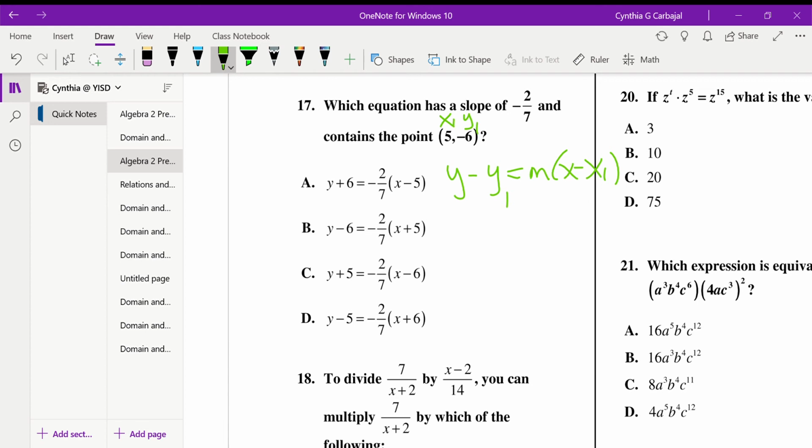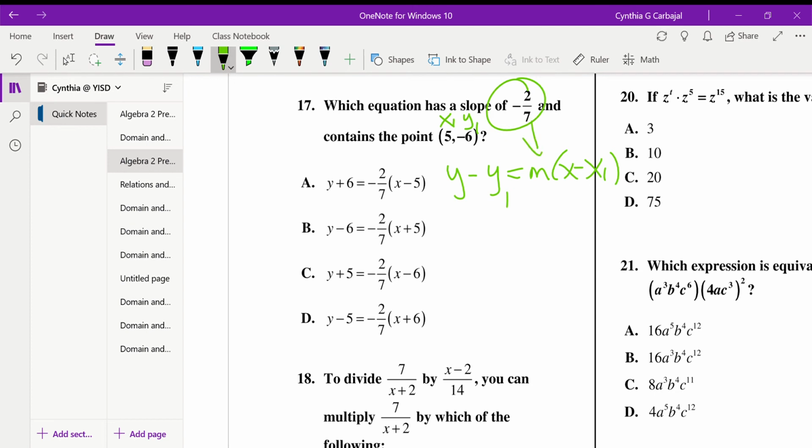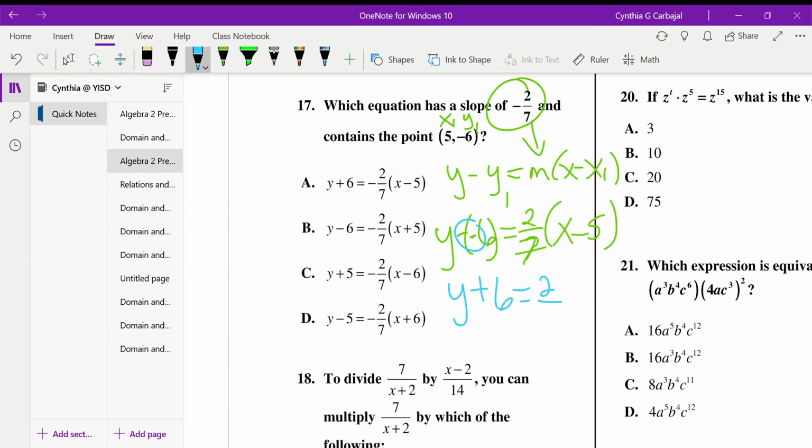They come from my point, and the slope is our m here. So then it's going to be y minus a -6 equals -2/7 times (x minus 5). But careful, minus a negative here is going to change that to y plus 6 equals -2/7 (x minus 5). So our answer is, oh, sorry for that.